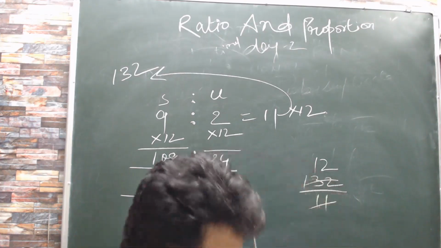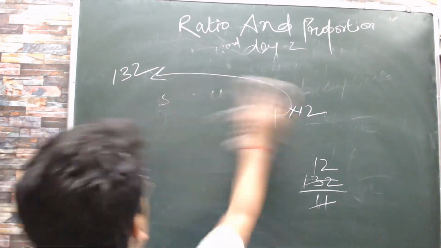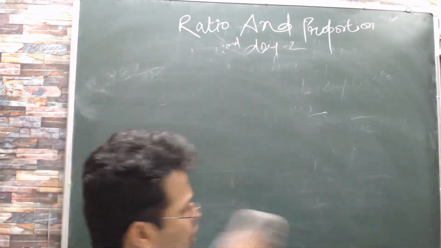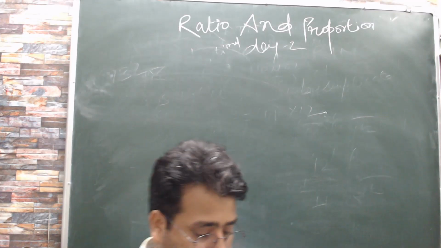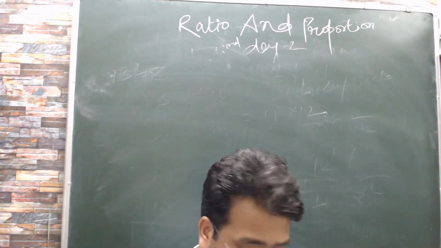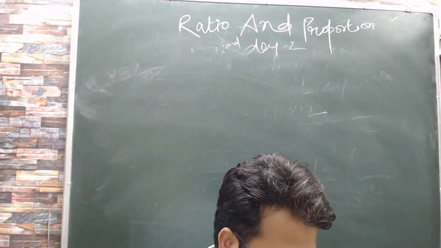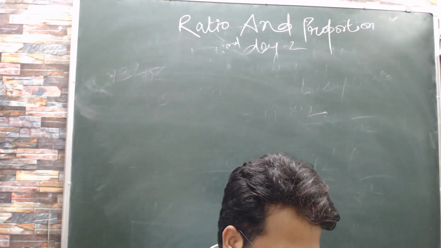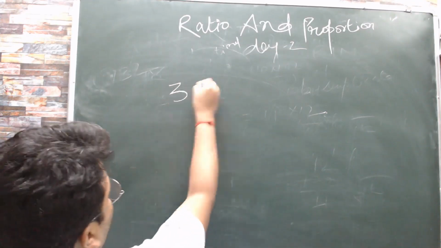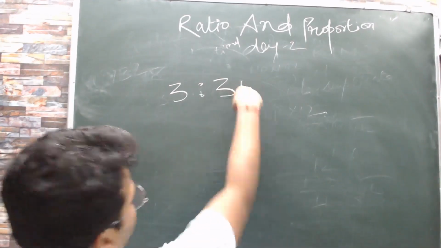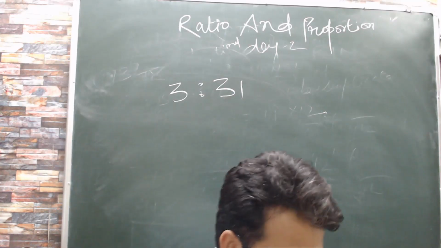In a regiment, the ratio between the number of officers to soldiers was 3:31 before the battle. Full stop.